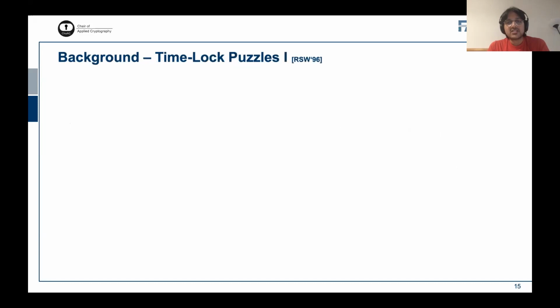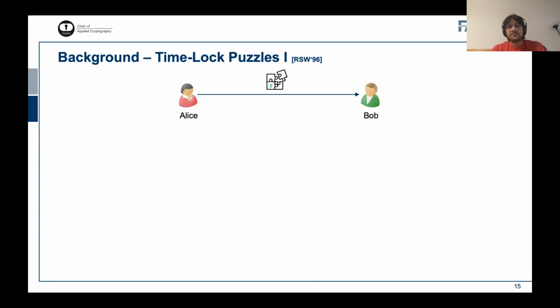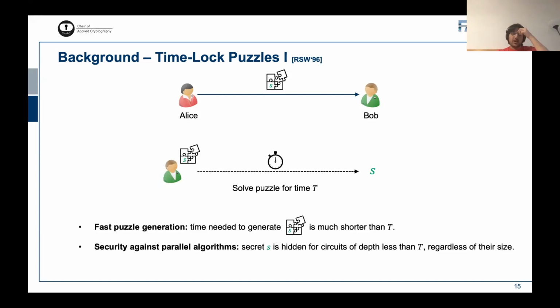Okay. So just to give a brief background on what are time lock puzzles, it was proposed by Rivest, Shamir, and Wagner in '96, and the primitive is like, there's Alice who generates a puzzle, puts a solution inside the puzzle and gives it to Bob, and Bob can solve the puzzle for time t and obtain this solution that is embedded by Alice. In terms of properties, what we want is that the generation time for the puzzle, Alice generating the puzzle, is much shorter than time t.